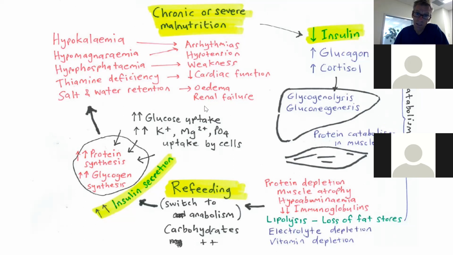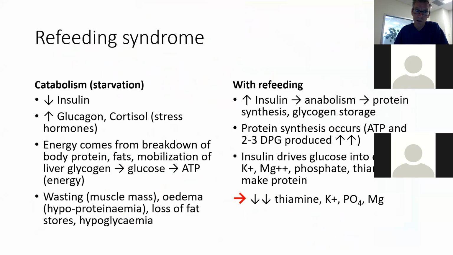These are the downstream effects of refeeding syndrome. The reason is that the body is trying to switch from catabolism, where it's constantly breaking down, to anabolism, where the body's building up muscle again, but often doesn't have the electrolytes to supply it. So that's what happens in refeeding syndrome.